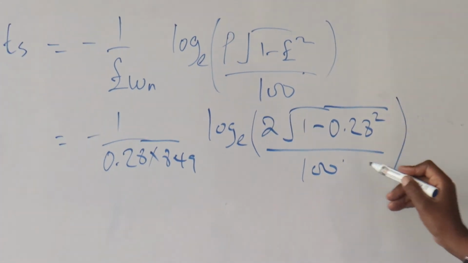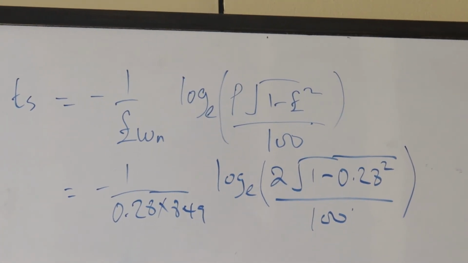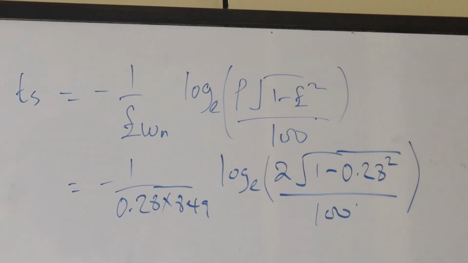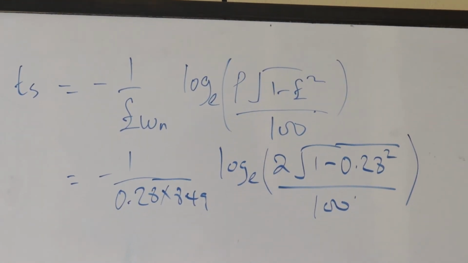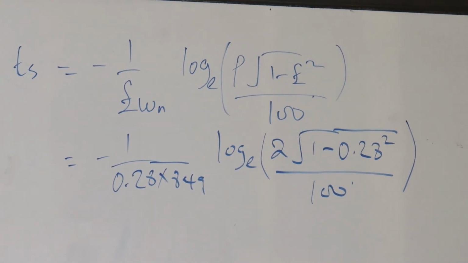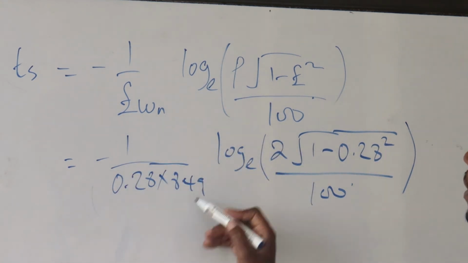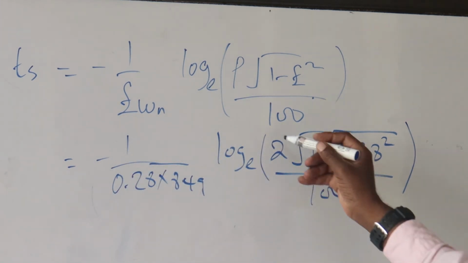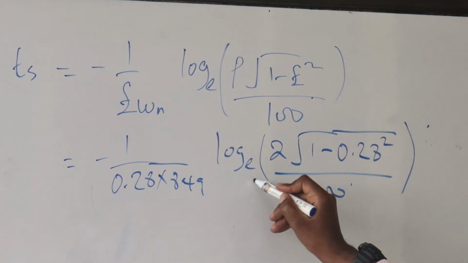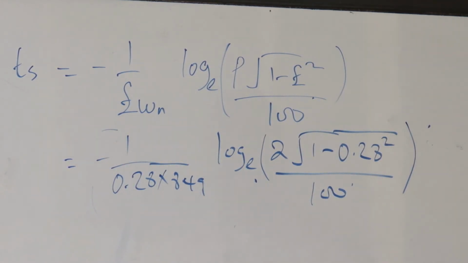So this is what we are supposed to evaluate. We are supposed to get the whole of this value, then get its natural log. Then we multiply by the value that we have here. We are going to evaluate this separately, get the natural log of that value, and the other one separately too.